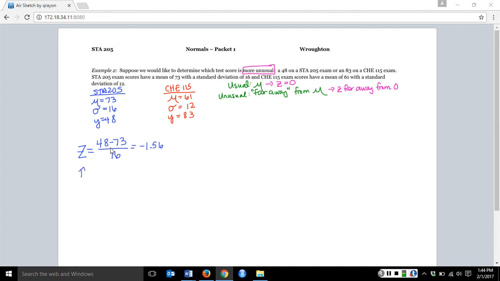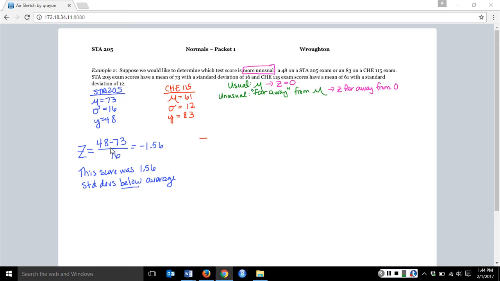So we could say then that this score was 1.56 standard deviations below, since it was negative, average. So they did below average on the test.